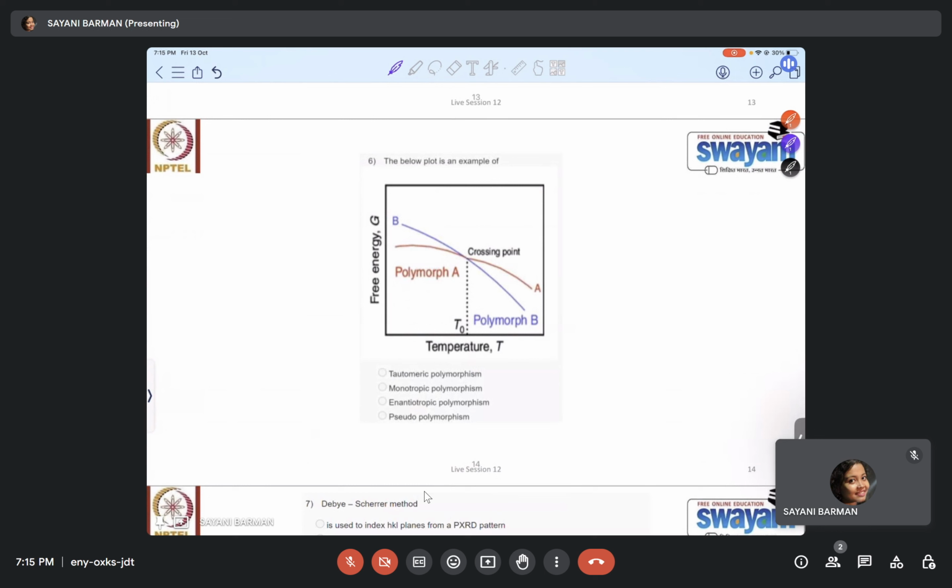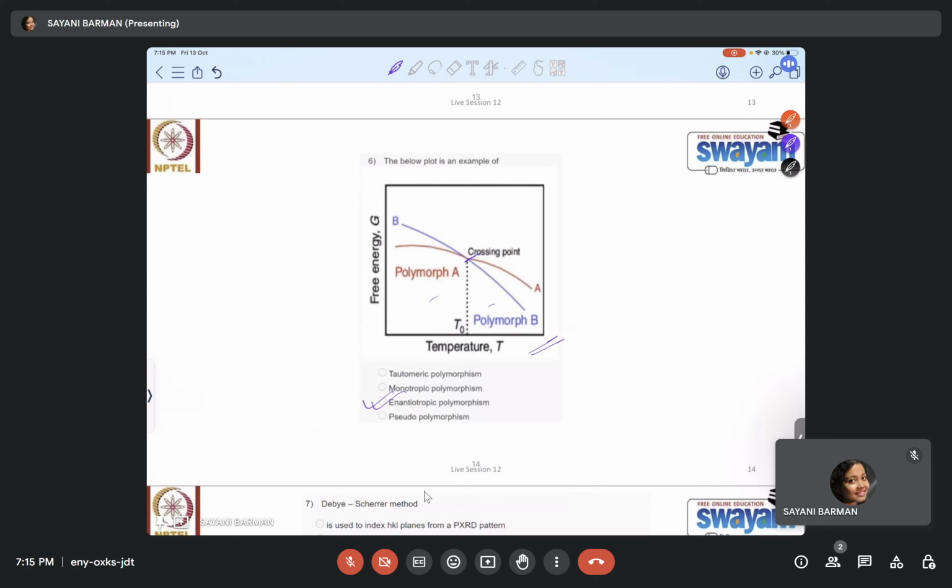And the phase diagram is the one given in the question. It seems the same, right? Two polymorphs can exist at different temperature conditions, and they coexist in equilibrium and are also stable at different regions in the phase diagram. So this is the option: enantiotropic polymorphism.